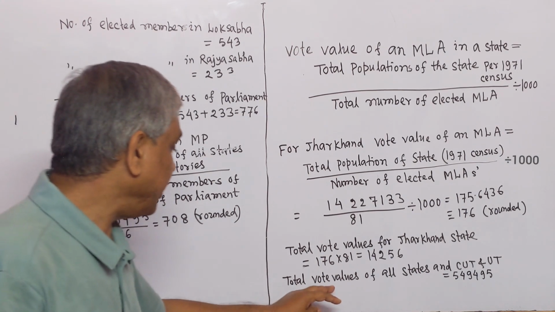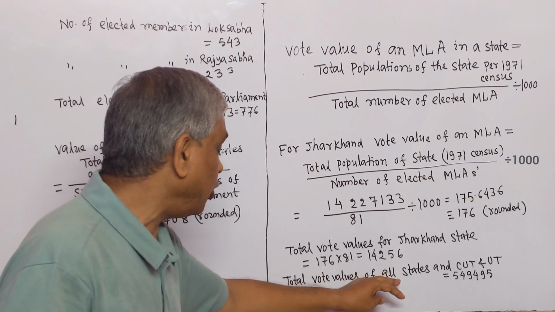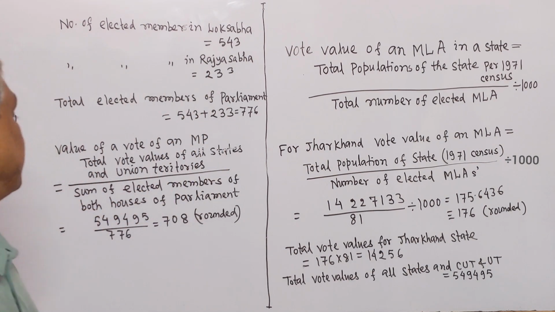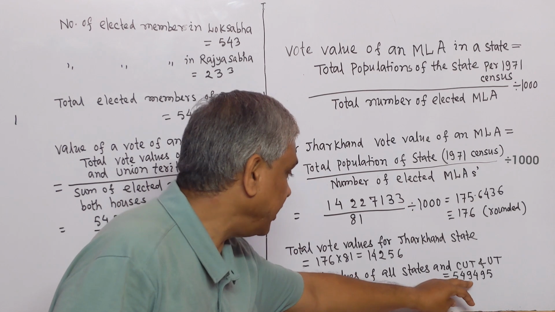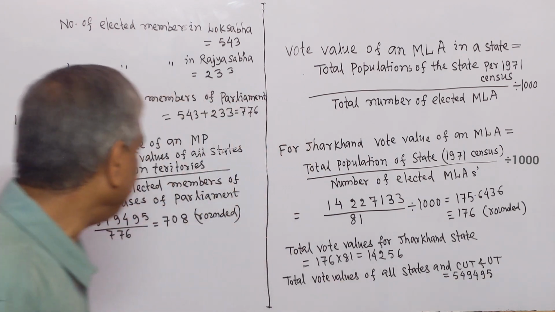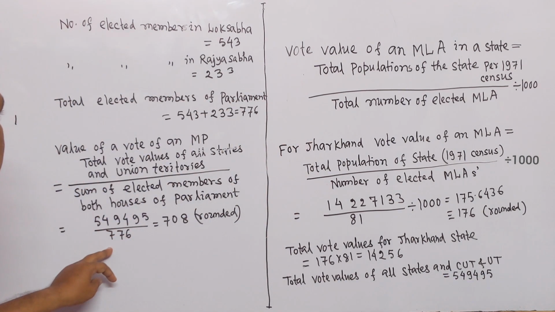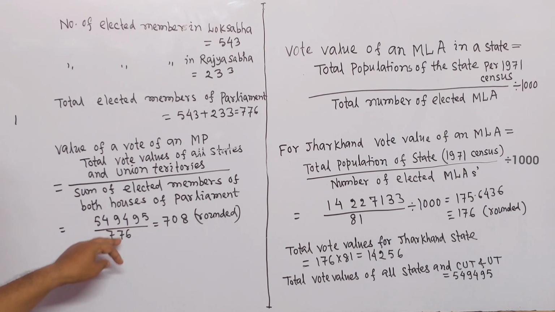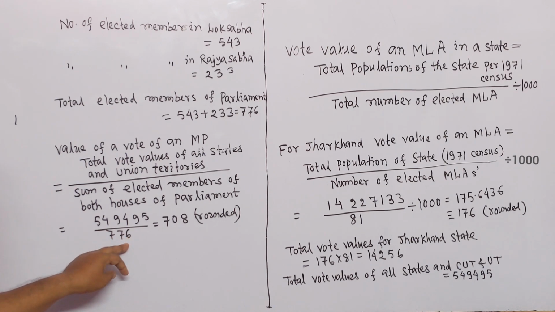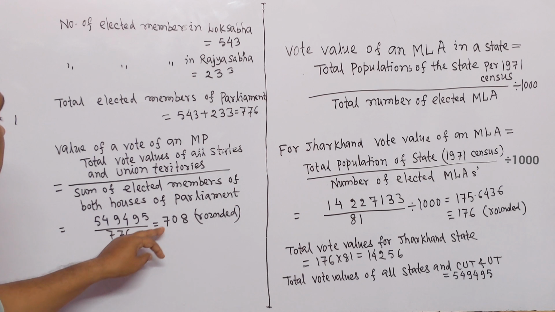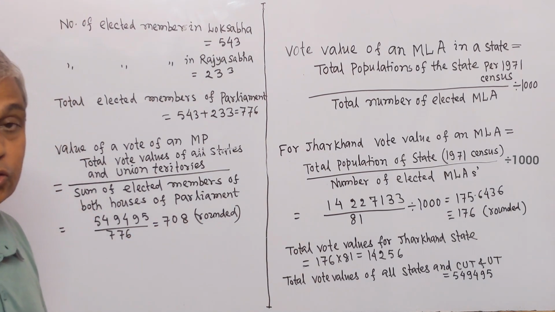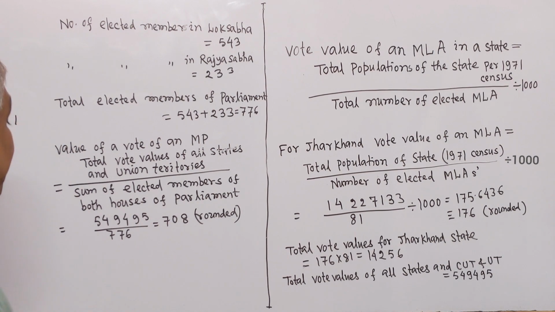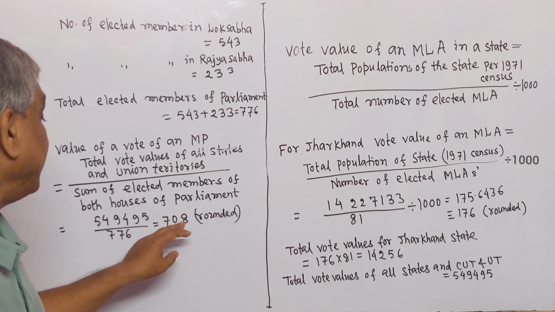Since total vote values of all states and union territories be 5,49,495 divided by total members of the parliament 776, that is equal to 708 rounded up. So vote value of an MP is 708.